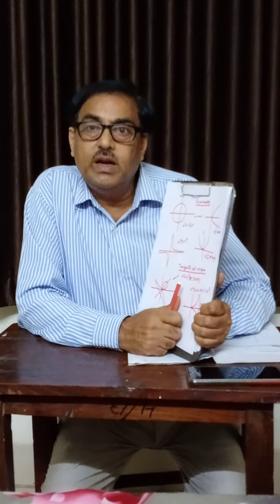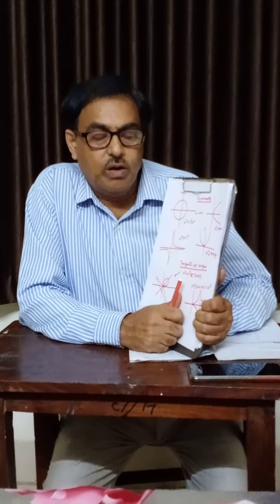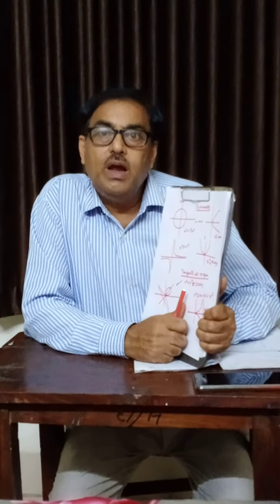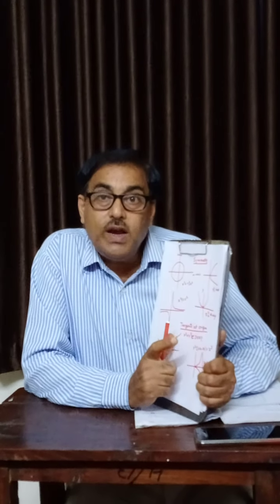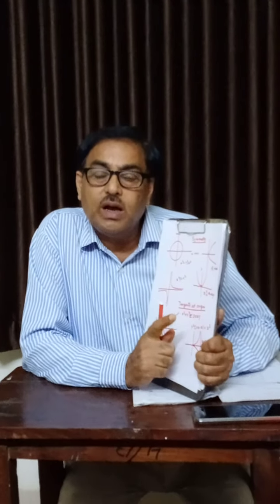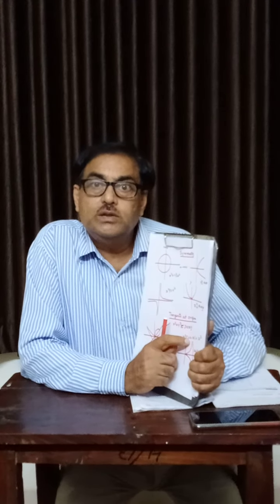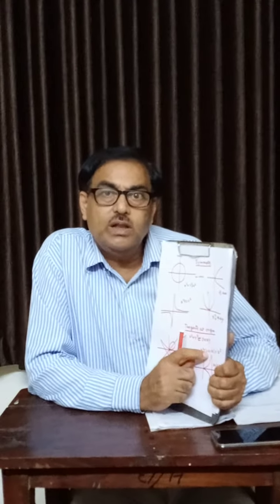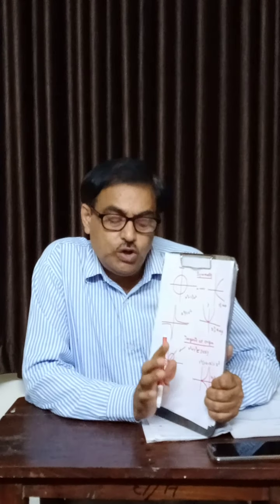What will be the tangents to the curve at the origin? They are obtained simply by putting the lowest degree terms existing in the curve equal to 0. Note this thing. How do we find the tangents at the origin? The tangents at the origin are found by putting the lowest degree terms existing in the curve equal to 0.